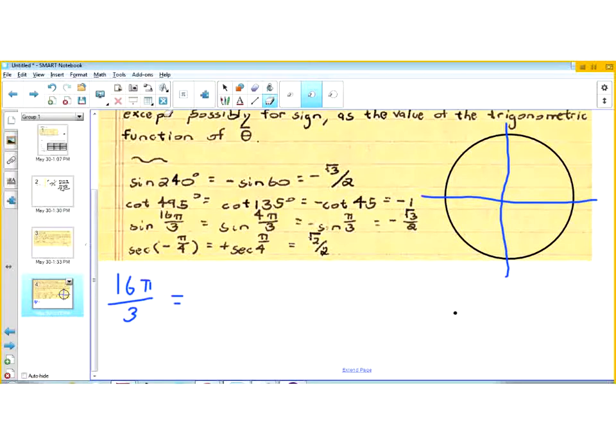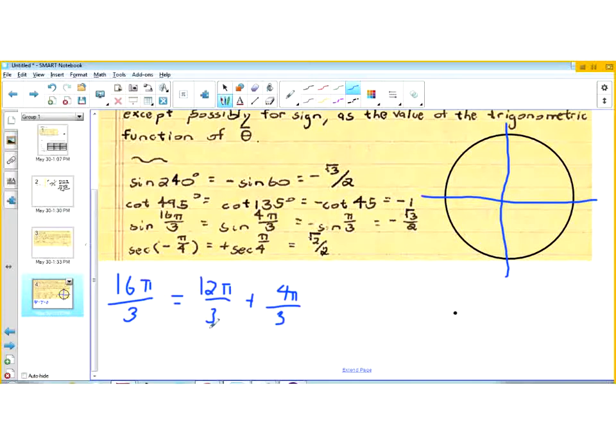That would equal 12 pi over 3 plus 4 pi over 3. So the reference angle for 16 pi over 3 would equal the reference angle of 12 pi over 3 plus 4 pi over 3.